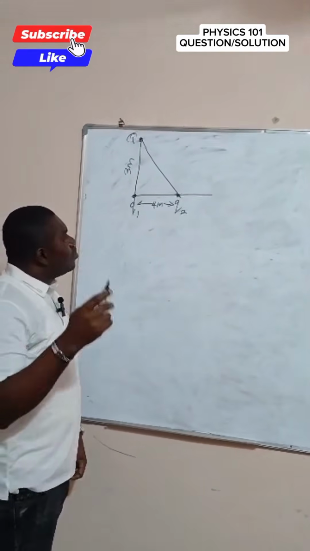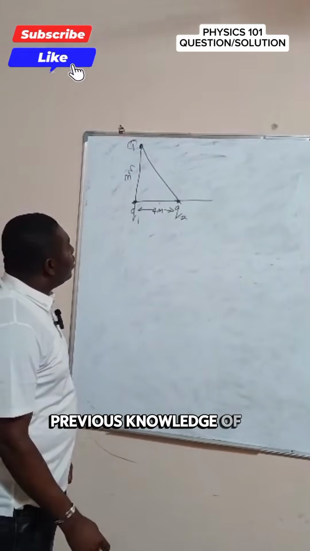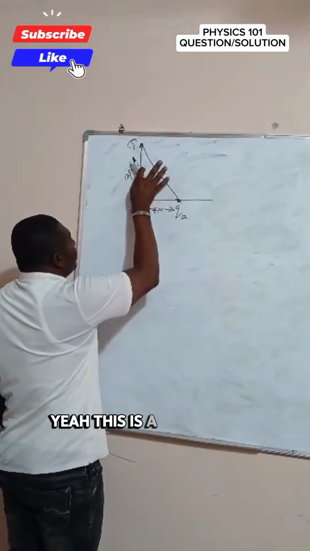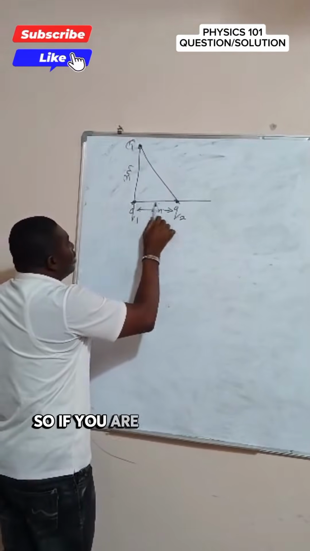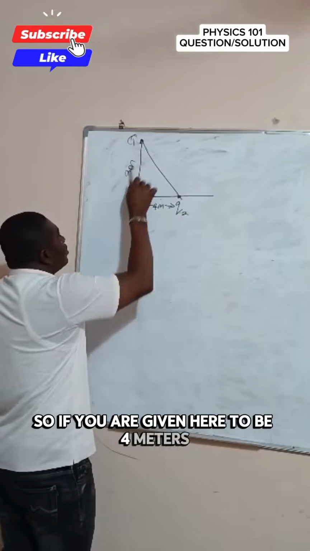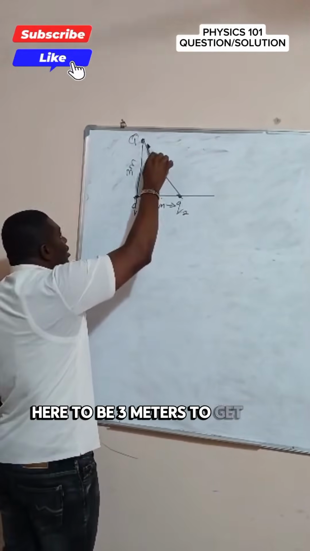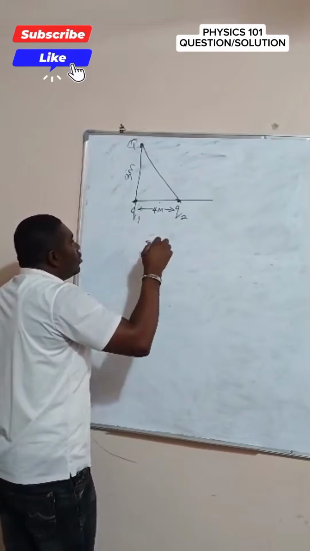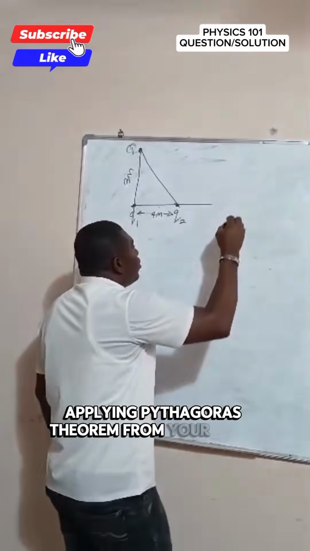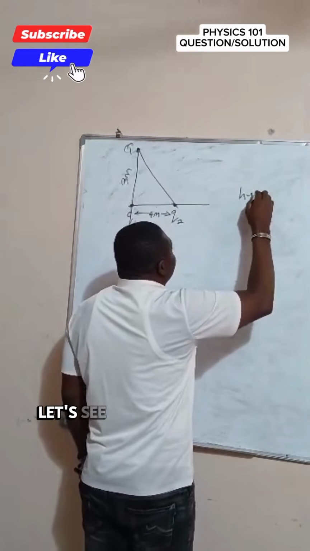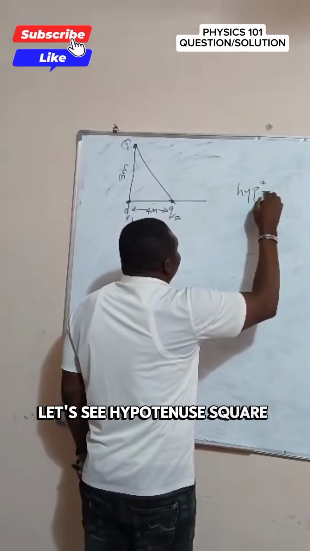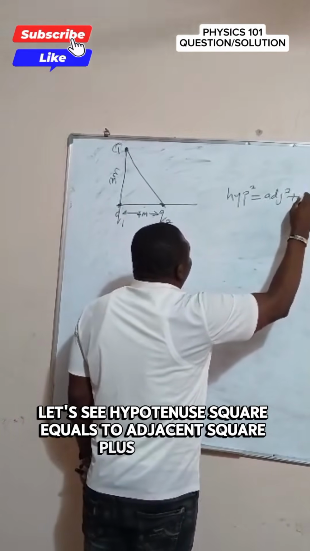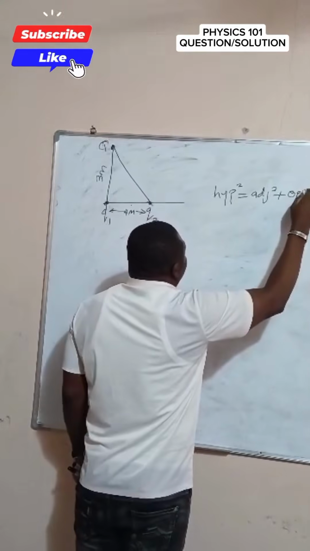From previous knowledge of Pythagoras theorem, this is a right angle triangle. So if you are given here to be 4 meters, here to be 3 meters, to get the long side of a right angle triangle, applying Pythagoras theorem, hypotenuse square equals adjacent square plus opposite square.